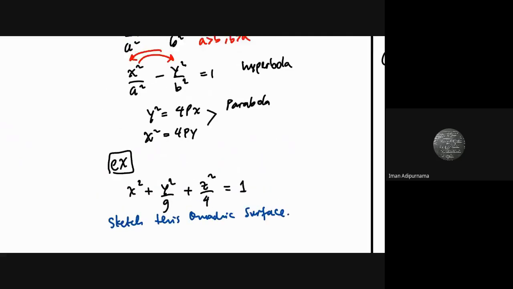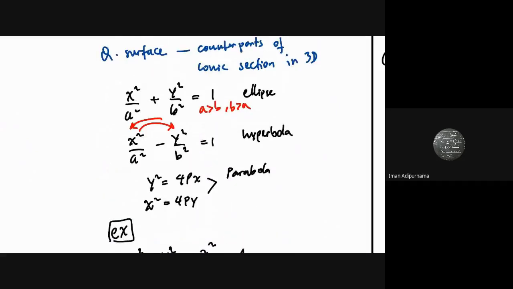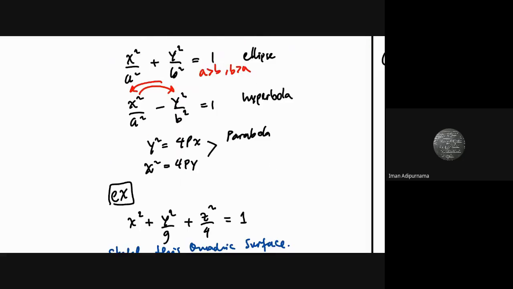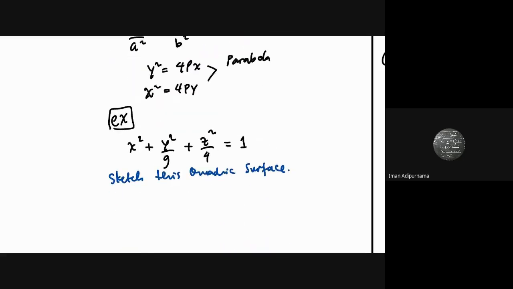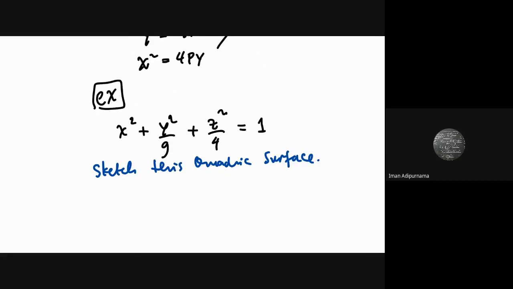But because you already learned this, we can distinguish ellipse, hyperbola, parabola. So how do we distinguish that form in our question here?